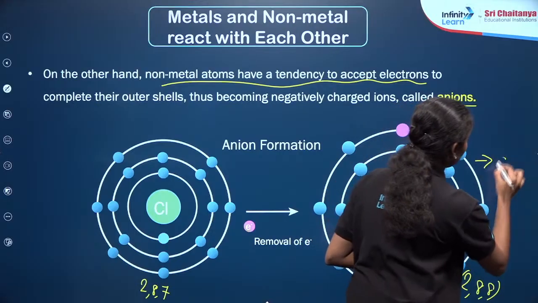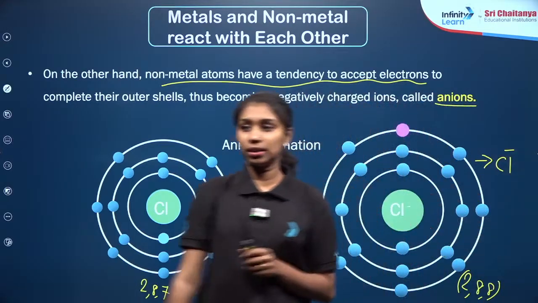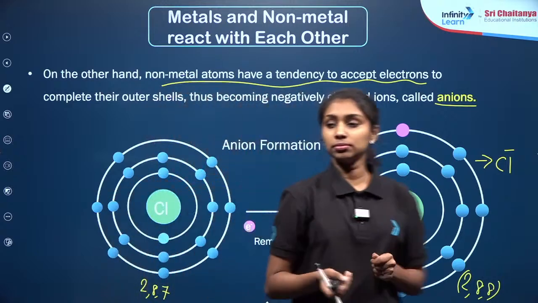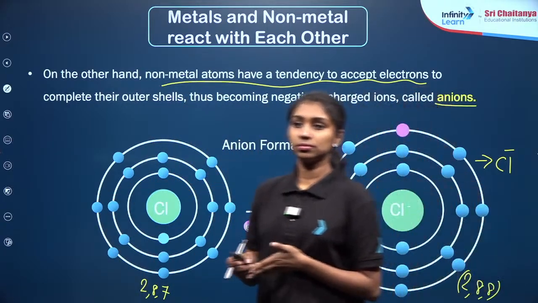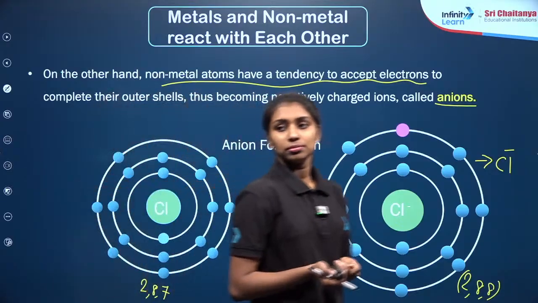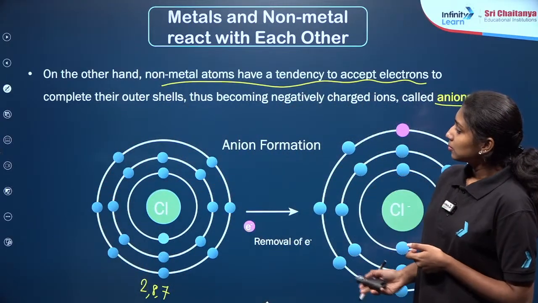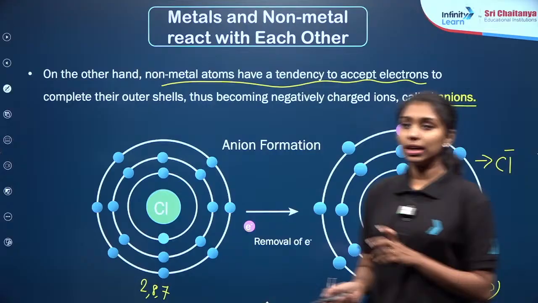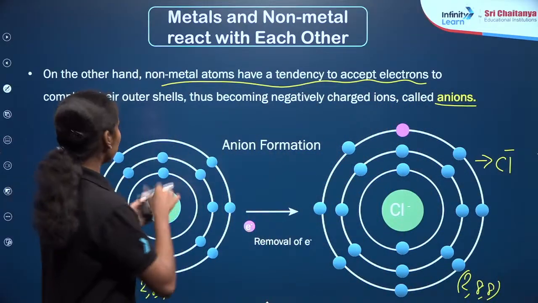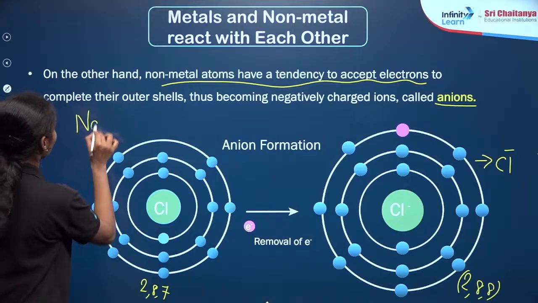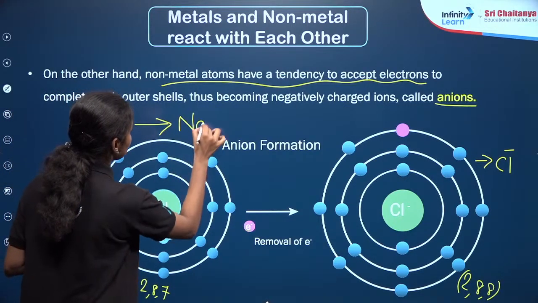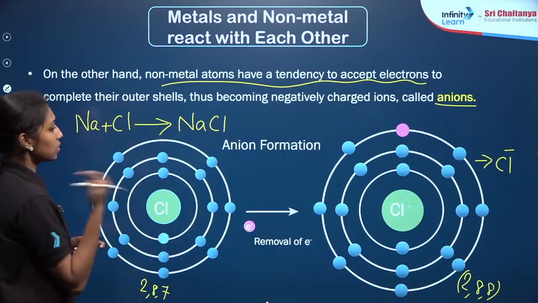This is the Cl minus ion, the chlorine anion. So we have seen one ionic compound here: sodium and chlorine react to form sodium chloride. This is an example of an ionic compound, sodium chloride.